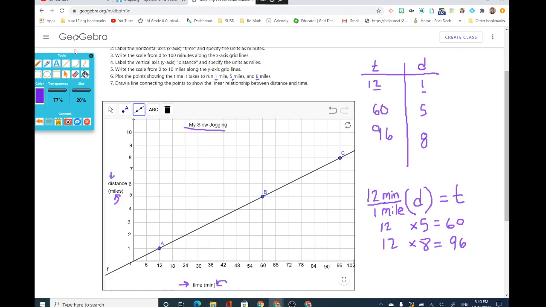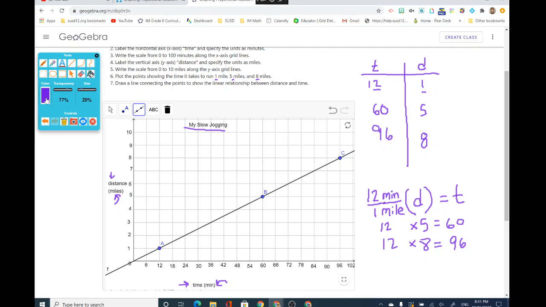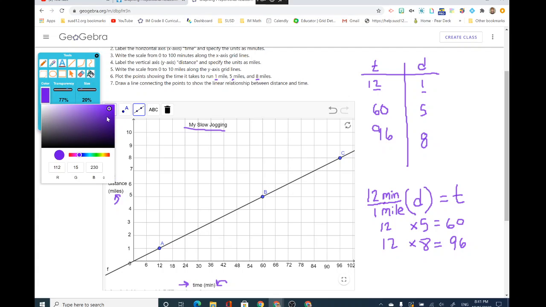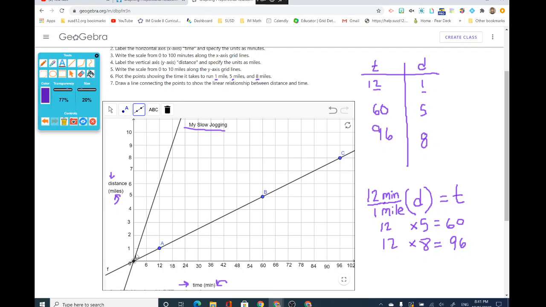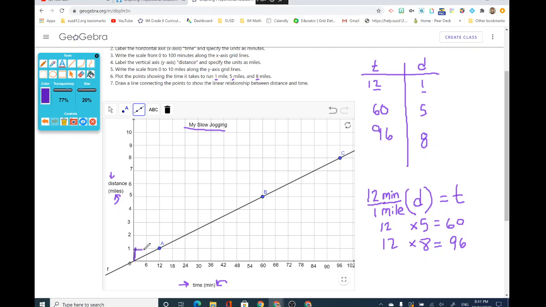Let me explain what I mean, that this line shows my speed. It does. Look at the slope of the line. The slope of the line is, oops, I don't want that one. Oh, what did I do? There we go. The slope of the line says, for every 1 mile, I run 12 minutes.